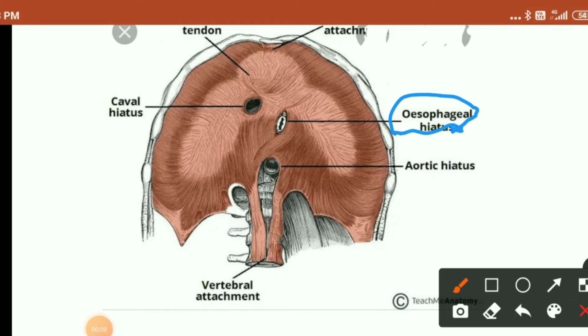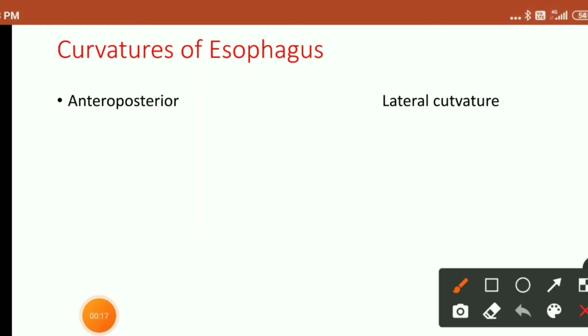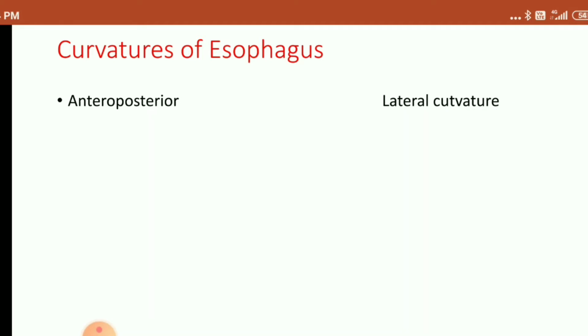Yes, now we move to the next topic, that is the curvatures of the esophagus. You can see that the curvatures of the esophagus are basically the antero-posterior curvature and the lateral curvature. You can better visualize this antero-posterior and lateral curvature with the help of a three-dimensional diagram. But before going to that, I just want to draw your attention to another diagram.